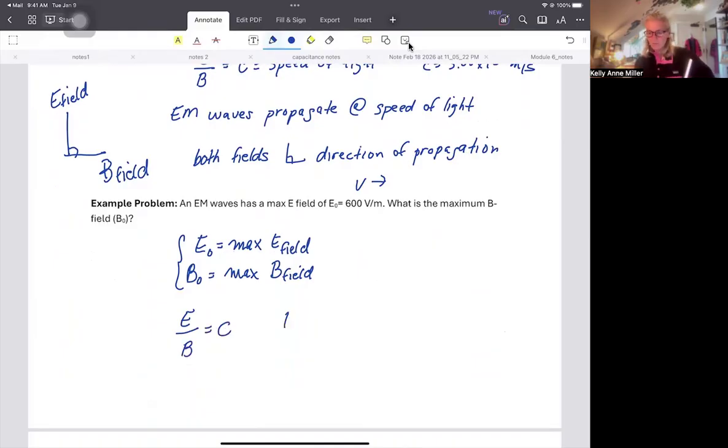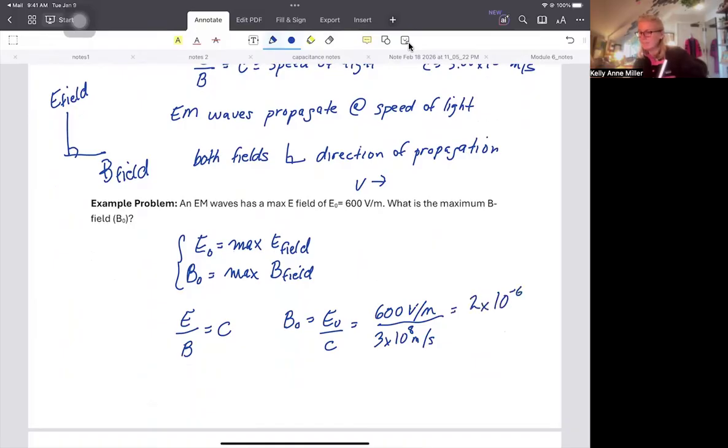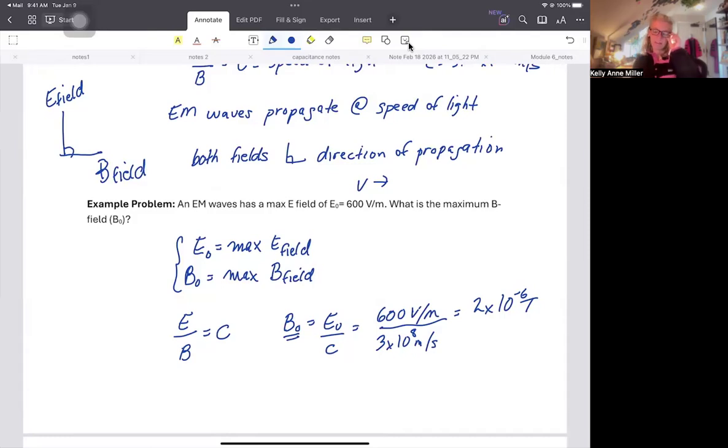Therefore B naught equals E naught divided by c. So if the E field at its maximum is 600 volts per meter, and I divide that by the speed of light, I get 2 times 10 to the negative 6 Teslas, which is the maximum value for the B field.